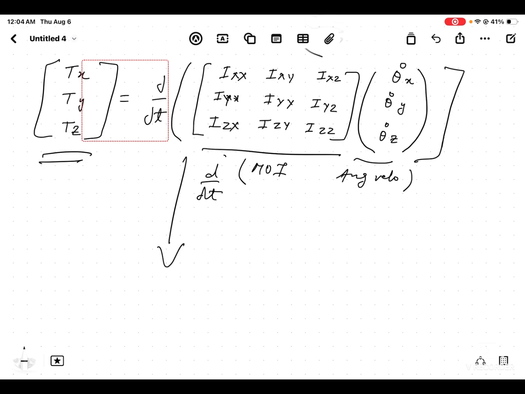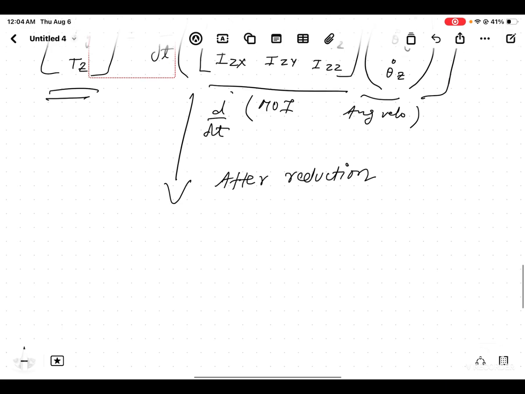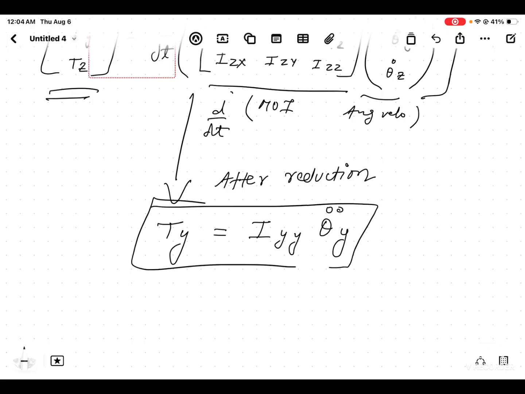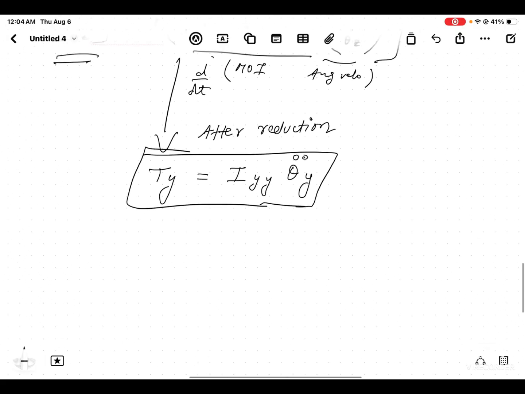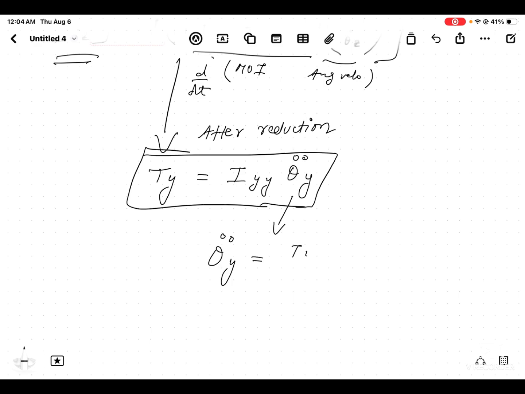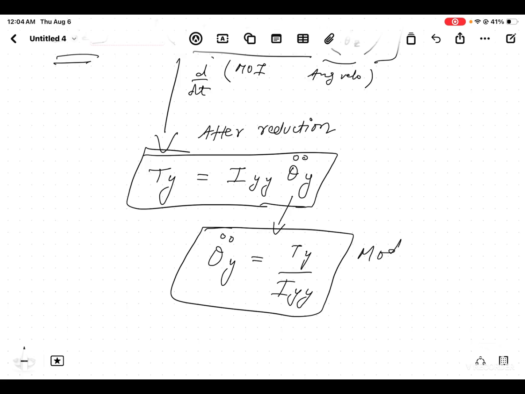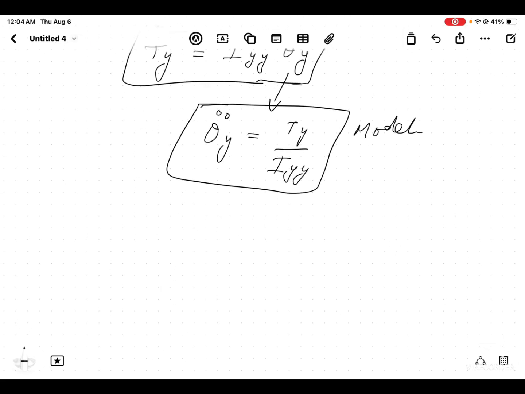And we are only looking for yaw values. So this will simplify to the yaw values only. So we can write it as this. This is the model we want to study. We will simulate to look at values.